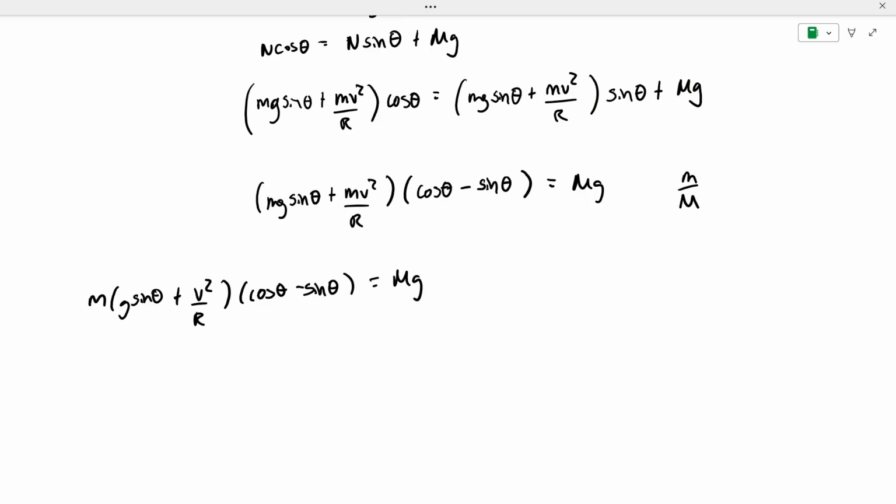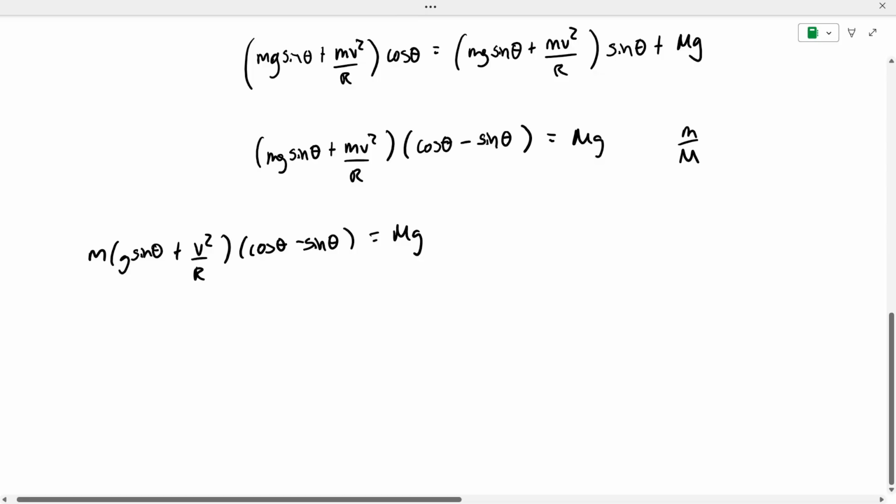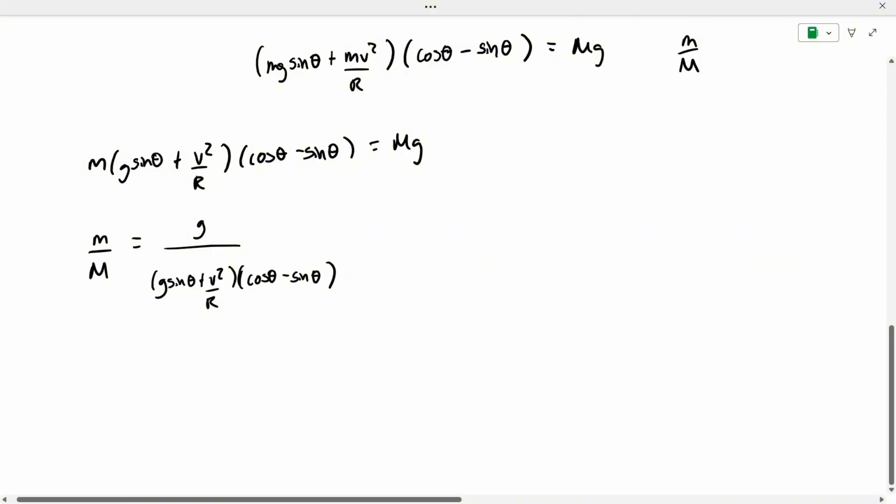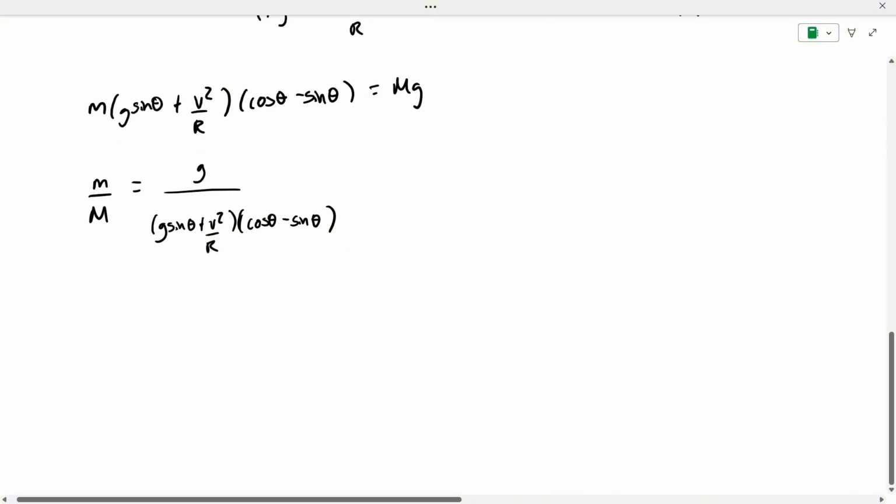It's equal to mg, and then g over... hopefully I don't mess this up, but that would be embarrassing. I'm also looking at my previous solution just to make sure I don't make any stupid mathematical errors, because I did this problem before. But yeah, that's what you're going to want to get for m over n.